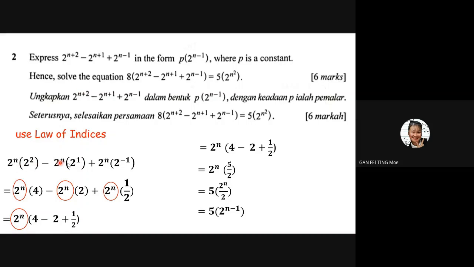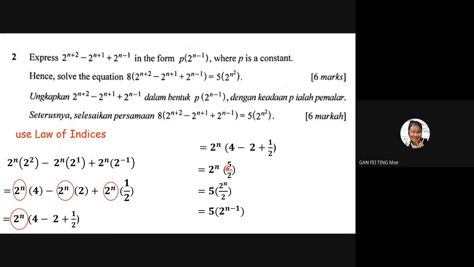You tak payah melalui langkah ini, terus you masuk langkah ini. Okay, in fact, some of you are very good. You tak payah langkah ini dan ini, terus you masuk langkah ini. So this langkah is for step by step. See which one. Ini langkah penting. Mesti ditunjukkan. Okay, the common factor, the keyword here. So ini penting.